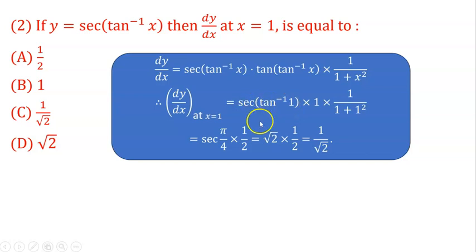Therefore we have sec of pi by 4 into 1 upon 1 plus 1, which overall gives 1 upon 2. What is the value of sec of pi by 4? It's root 2. Root 2 into 1 upon 2 overall gives 1 upon root 2, and hence option C is correct. Now next question.